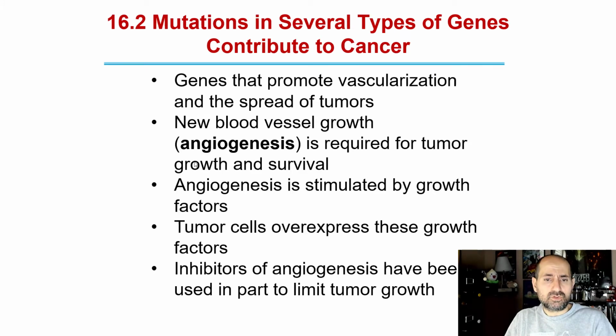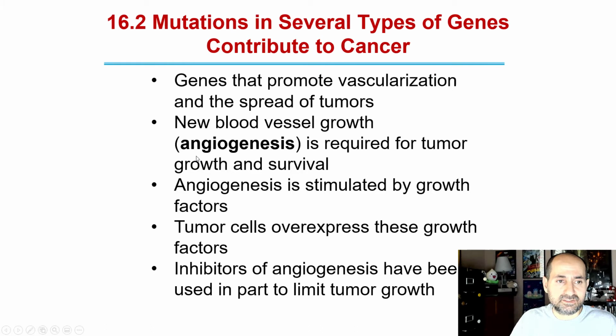It's almost as though the tumor itself promoted angiogenesis. Angiogenesis means new blood growth, right? Novel blood growth. And that's exactly the case. Angiogenesis is required for tumor growth and survival.